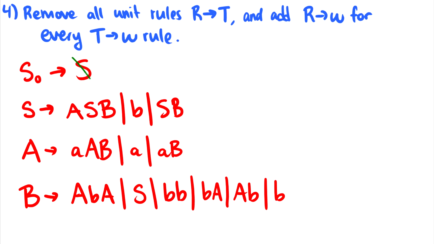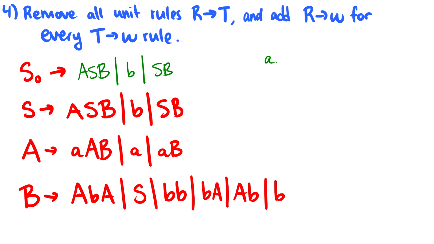I mean that we remove this S rule, so instead of having S, we copy everything that was in S and rewrite it under S0. So instead of just going to one thing, S, we're essentially rewriting everything that S goes to, kind of like transitivity. So we'll end up with ASB or B or SB under S0.